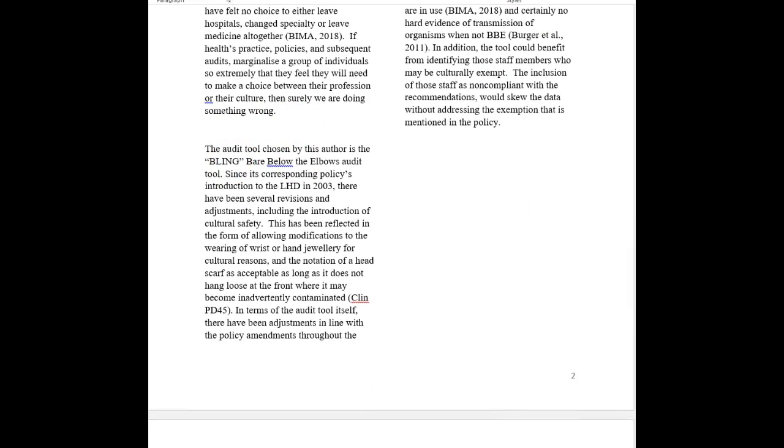So the student then goes on and discusses which audit tool they're going to actually use. Now, you might find as a practicing registered nurse that you will find audit tools in your hospital or in your centre. They're perfectly fine to use. If you find that you need to adjust that tool, that is fine as well. And I've given you some information in Module 5 about how you design or adapt tools.